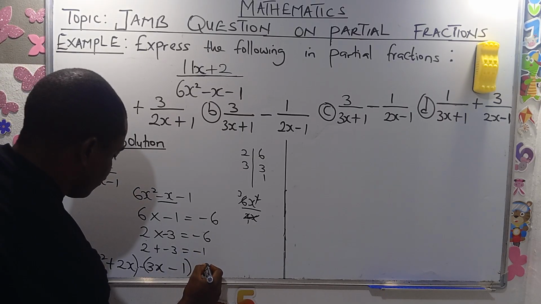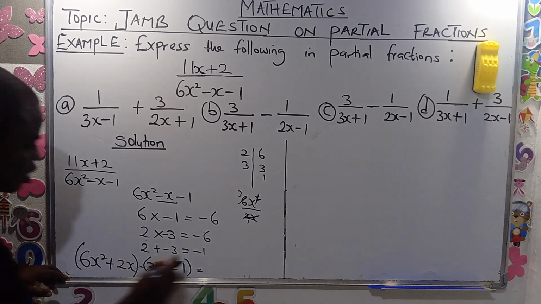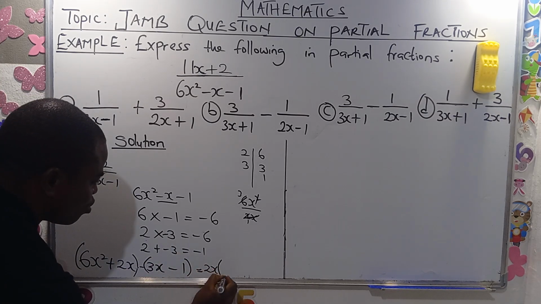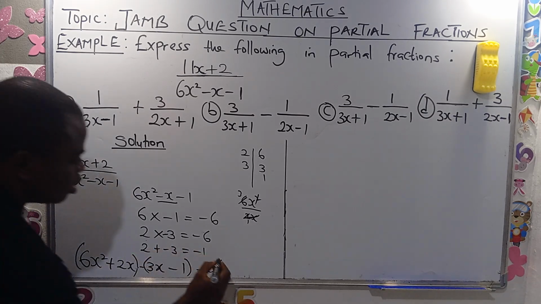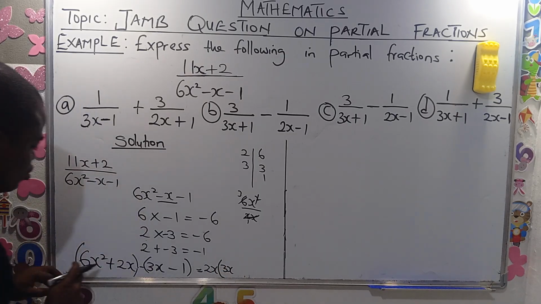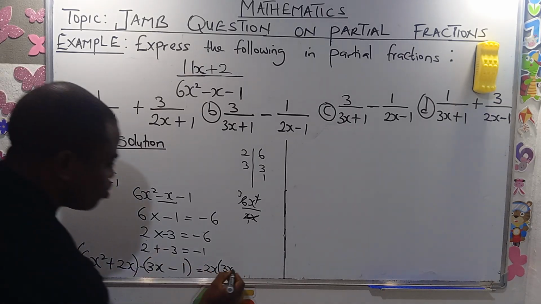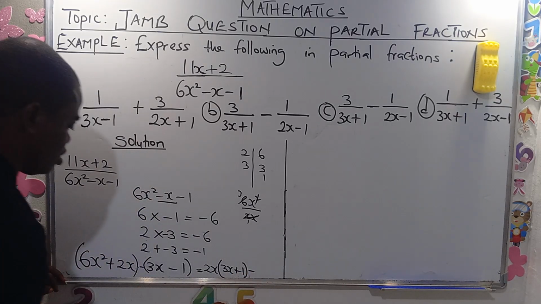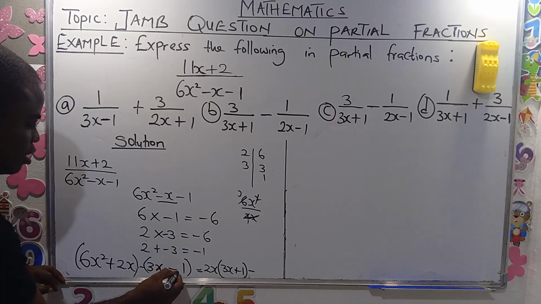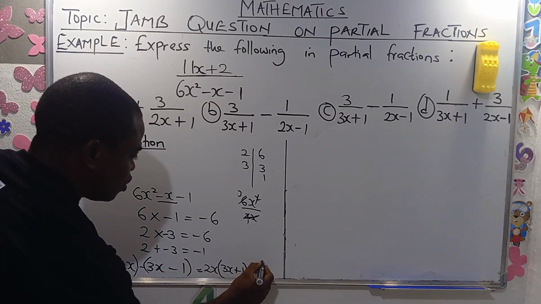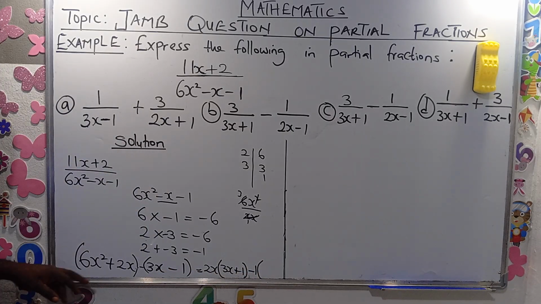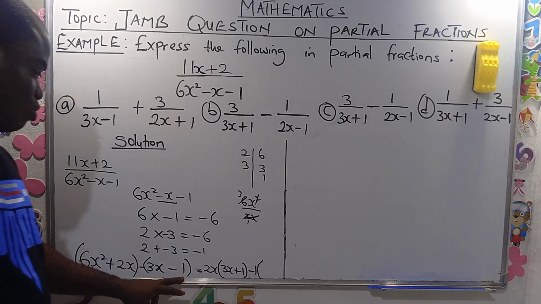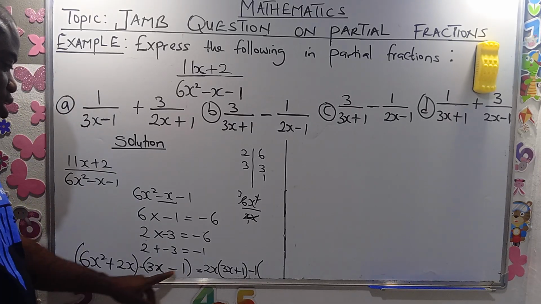Now I bring out the 2x: 2x, open bracket. What we put here now is 3x. 2x goes into 2x one time, plus 1. Then minus, what's common between 3x and minus 1 is minus 1, open bracket. What can go into 3x and 1 is 1.